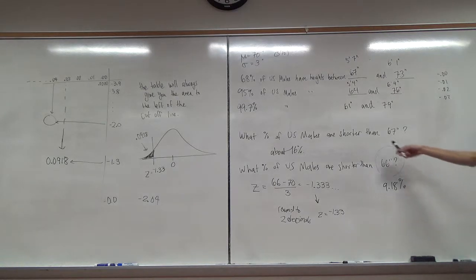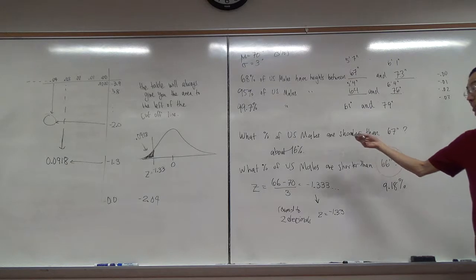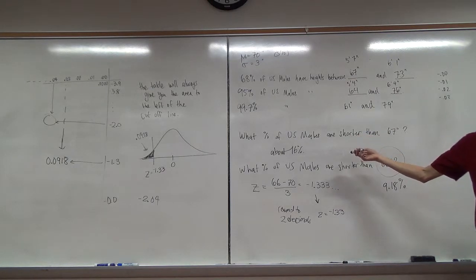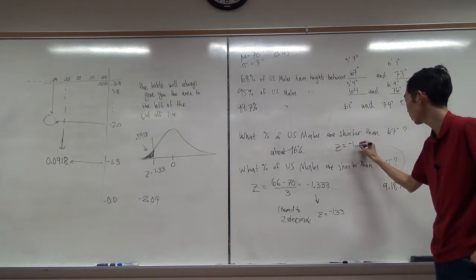And so if I were to look up what percentage of males are shorter than 67 inches, if I wanted to get a more precise number, what z-score would I look up? Negative 1. I would look up z is equal to negative 1.00.